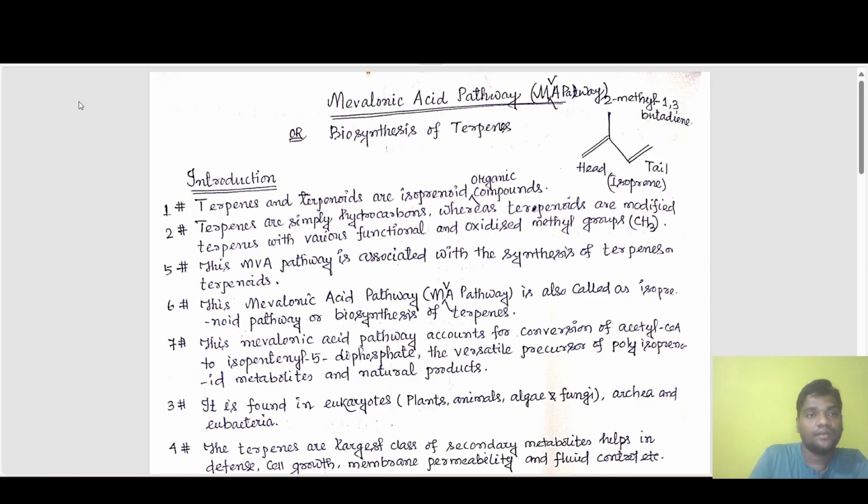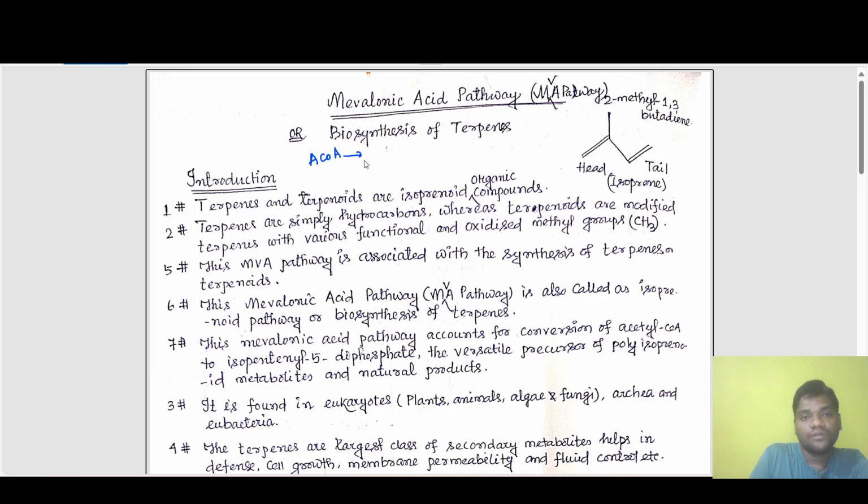Let me just activate the pen. So acetyl coenzyme A is converted to mevalonate in this pathway, and after the mevalonate is produced, this mevalonate will be converted to terpenes, or you can say terpenoids, the derivatives of terpenes.